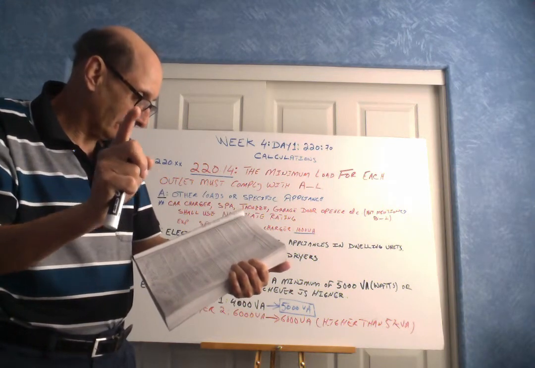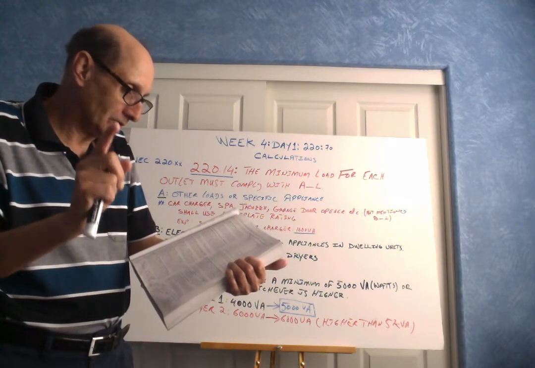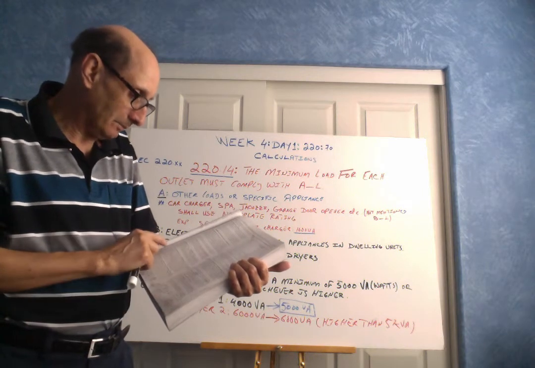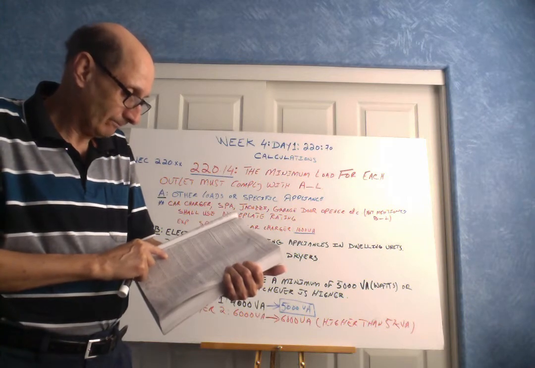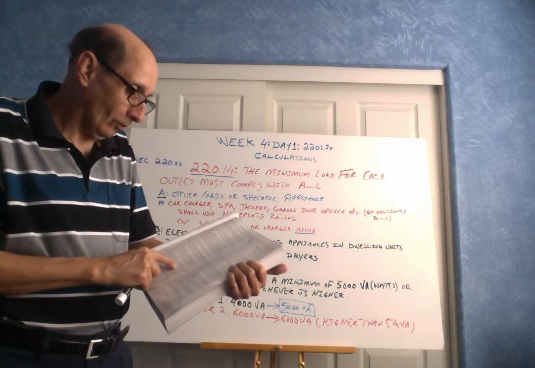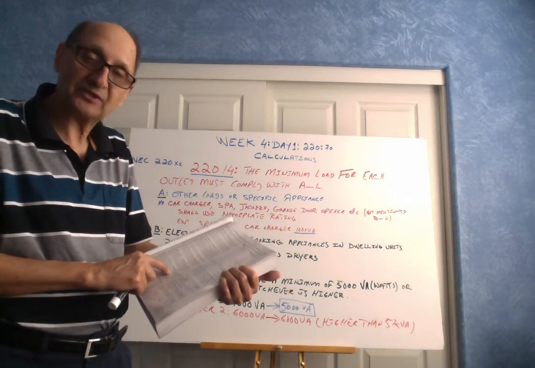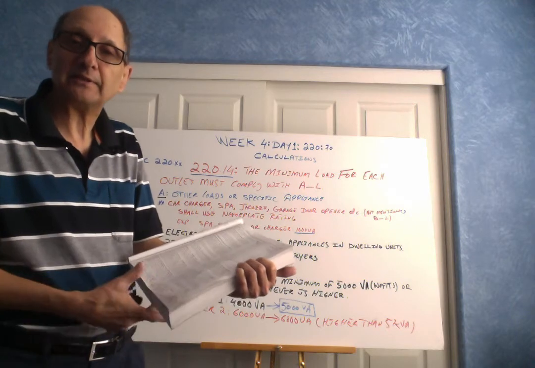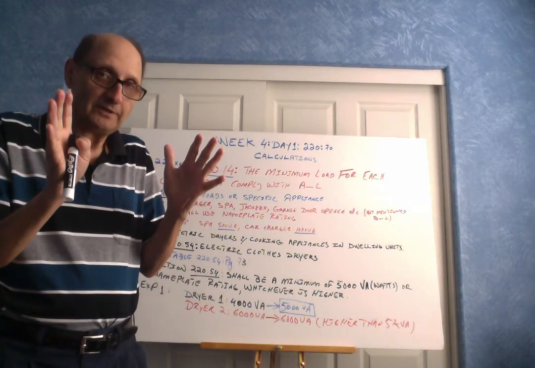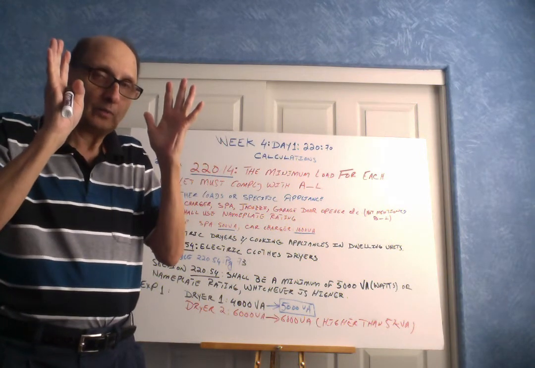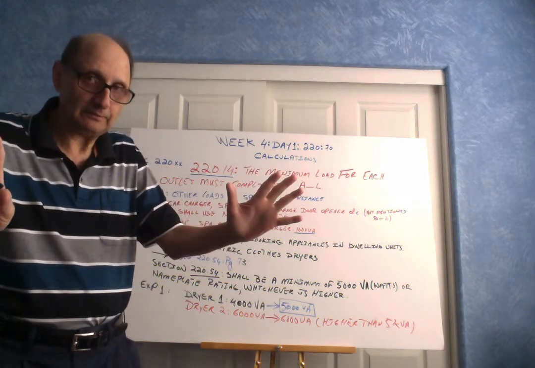The load for household electric clothes dryers in a dwelling unit or units shall be either 5,000 watts, minimum value, volt amps, or the nameplate rating, whichever is larger for each dryer served. That's it. No more, no less. Minimum 5,000 or nameplate value, compare them, keep the larger value.